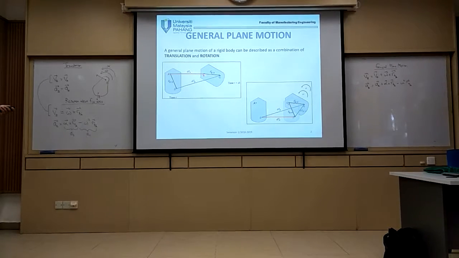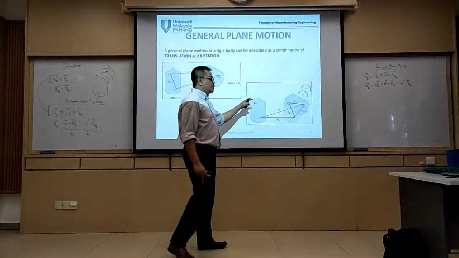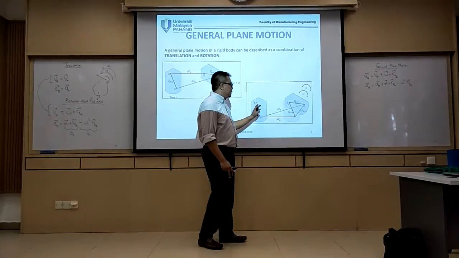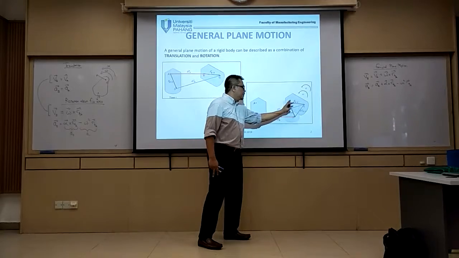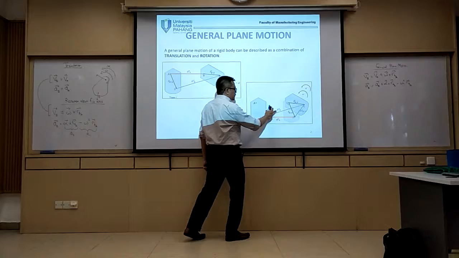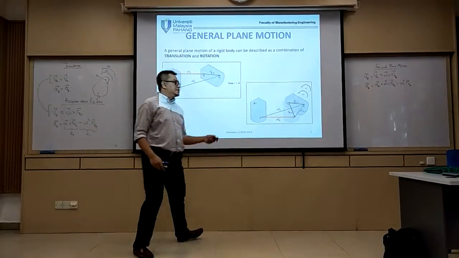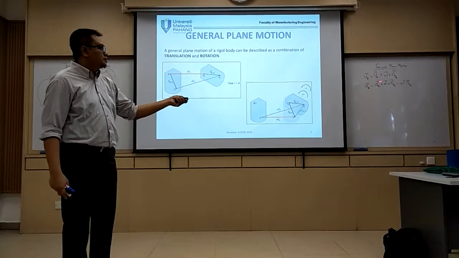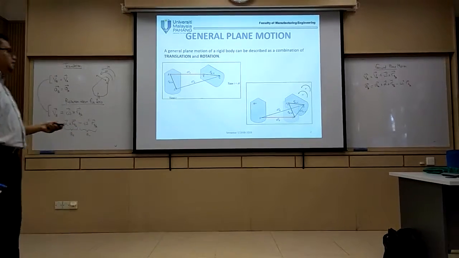Point A becomes here and point B becomes here. So you can draw this as a motion of translation first, and then after that rotation about fixed axis. Initially the rigid body moves in translation, and then after that rotation about fixed axis. That's why the equation is translation plus rotation about fixed axis.